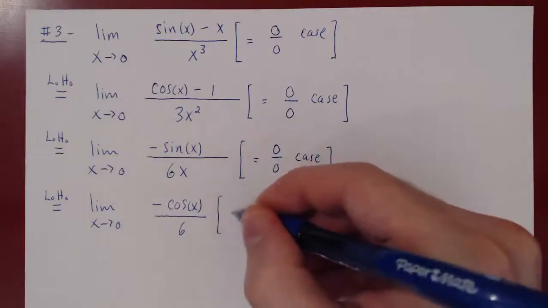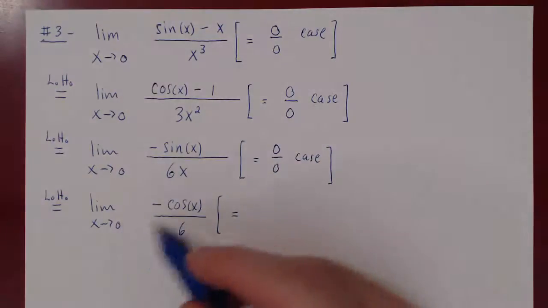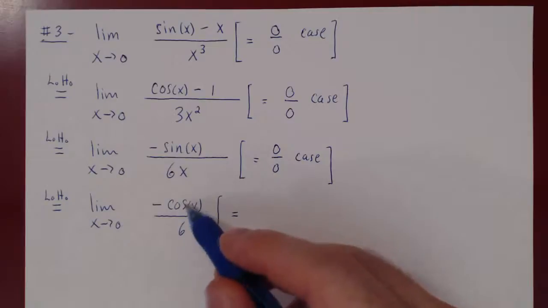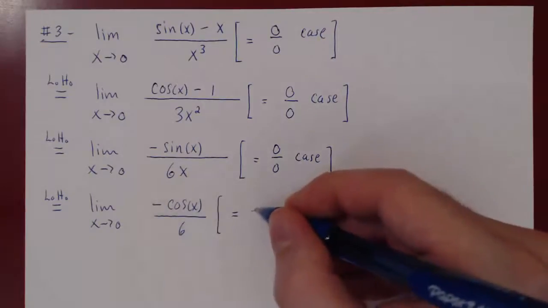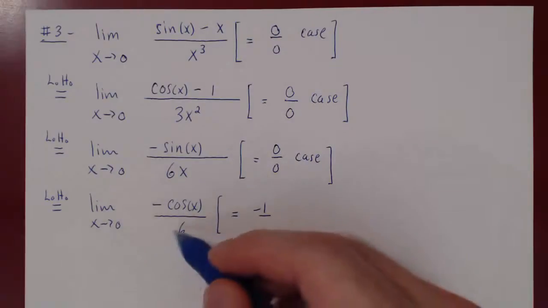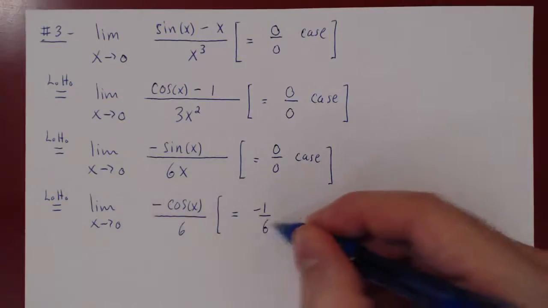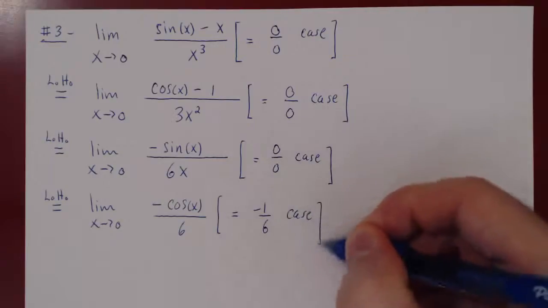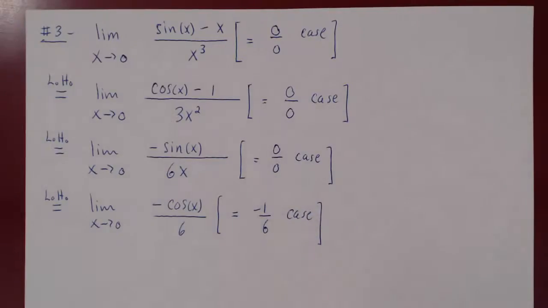What is our case now? As x approaches 0, this will approach cos of 0, which is 1, so we'll get negative 1. 6 is always 6, so as x approaches 0, 6 stays 6, so we get a negative 1 over 6 case. And here there is no ambiguity.